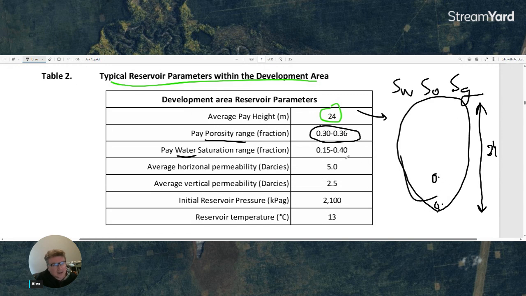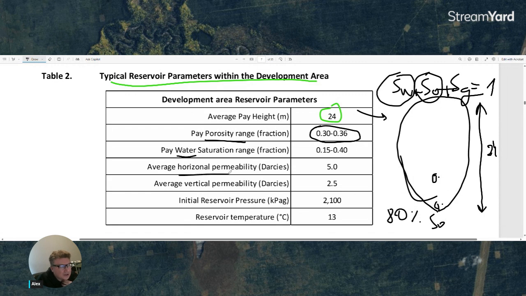But then you have very little gas saturation. So basically, if you add all those, you get equal to 1. But if you know that this is, let's say, 20%, then this has to be 80%. So you could have 80% SO, oil saturation.